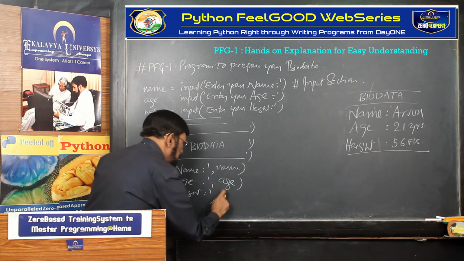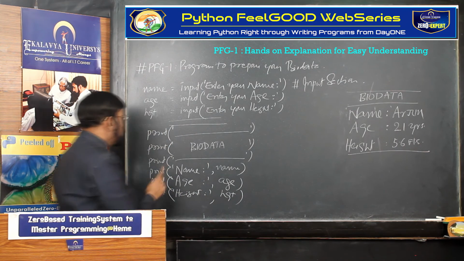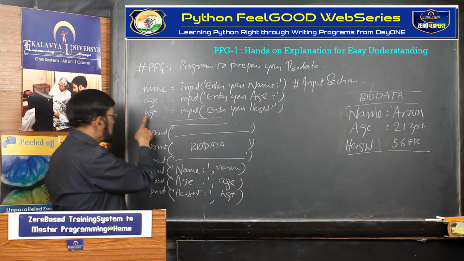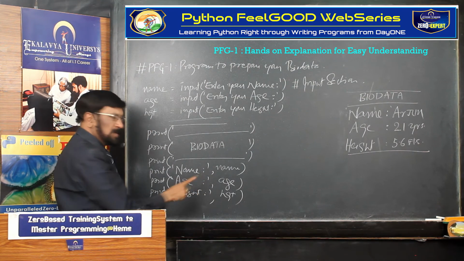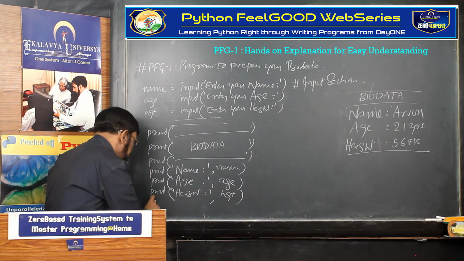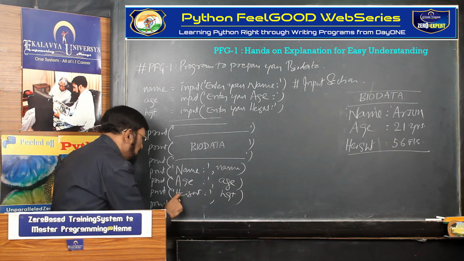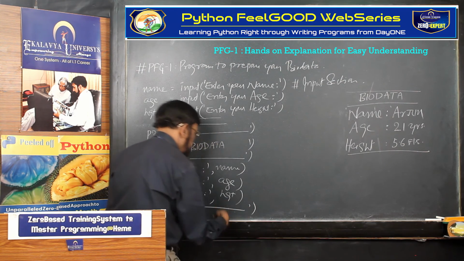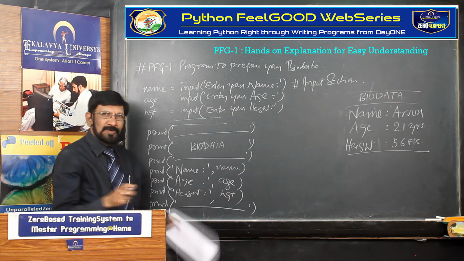Now here see, for the label you have written height, but for the variable what have you written? HGT. That only. If you write differently, it leads to error. Thereafter print. What are you expecting? Finally a line, that is a string. Okay. Now the entire code is ready.